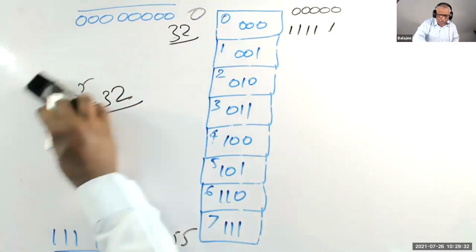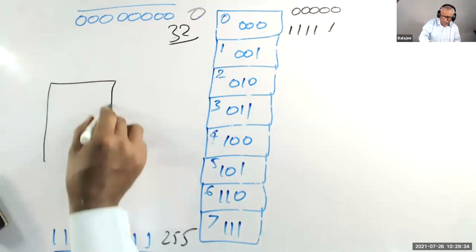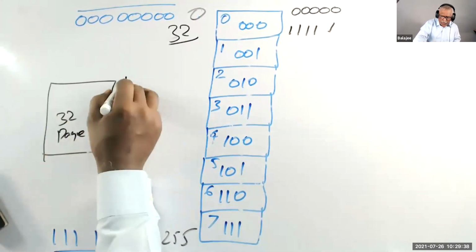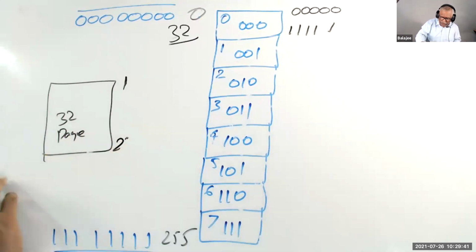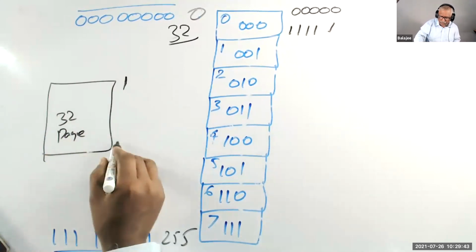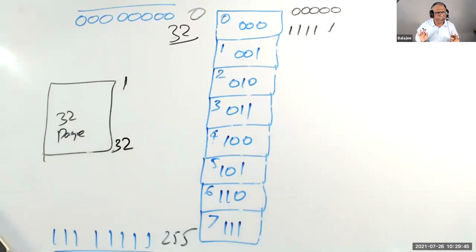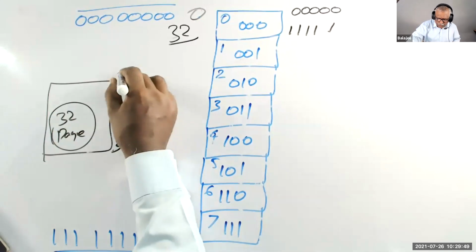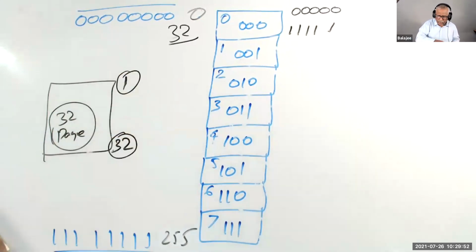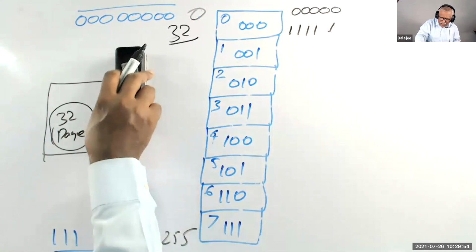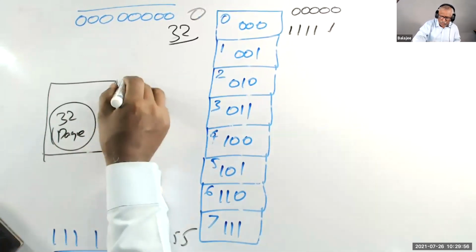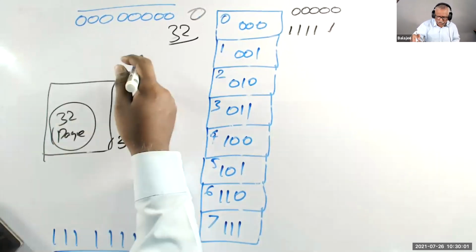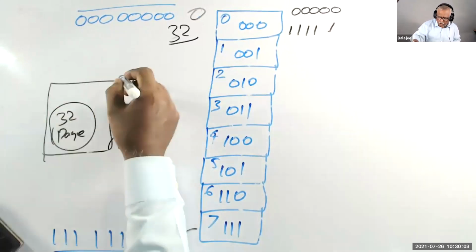If you buy an individual 32 page notebook from a shop, the page starts from 1 and ends with 32. But in binary, we always start from 0 to 31. Both are the same, but instead of 1 to 32, we start from 0 to 31.